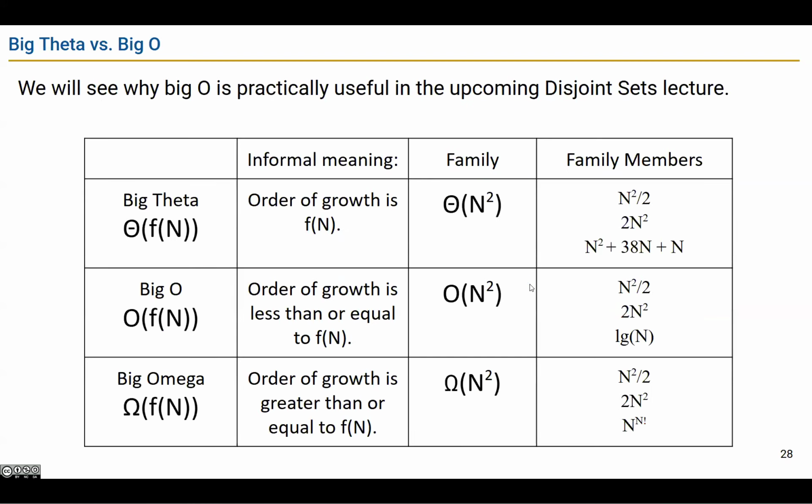Now we'll see why these are useful in the upcoming disjoint sets lectures. We often use O and omega when we can't get a theta bound because computing the theta bound is too hard for us. But we generally do prefer a theta bound if it is ever possible to actually get that. Similarly, we prefer saying O bounds that are as small as possible and omega bounds that are as big as possible, because those give us more information.